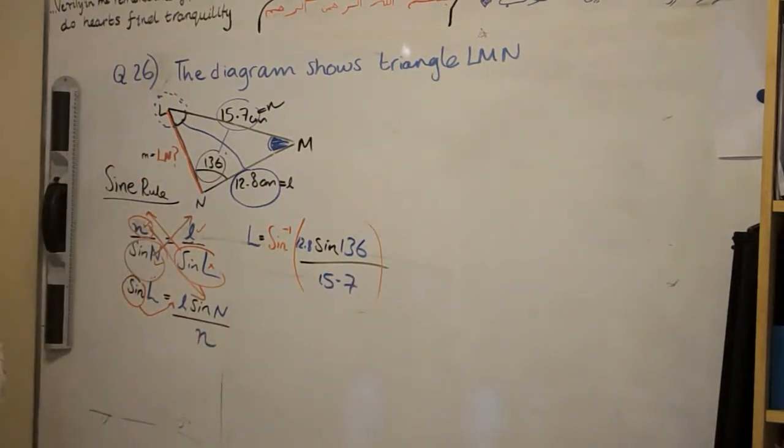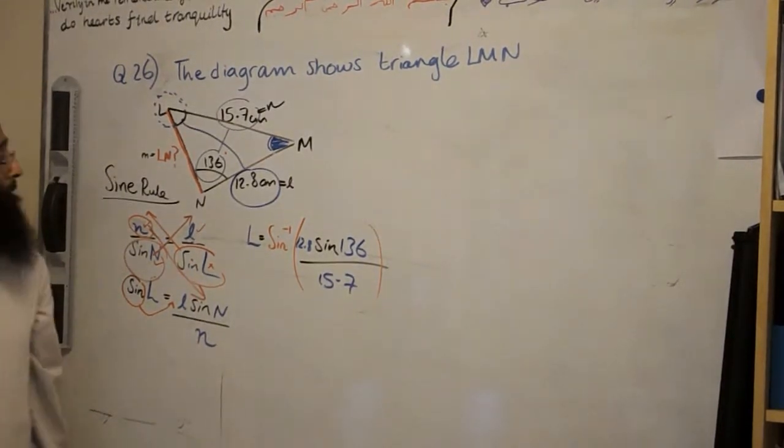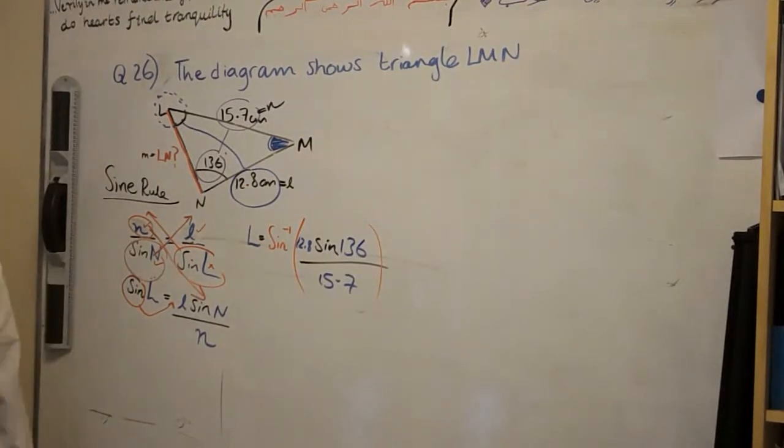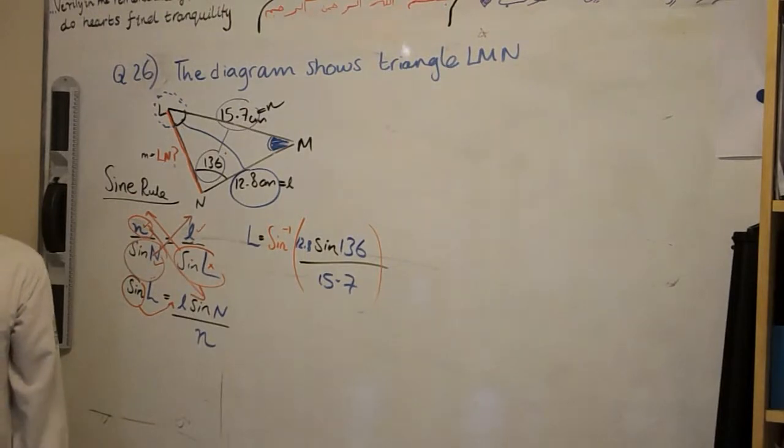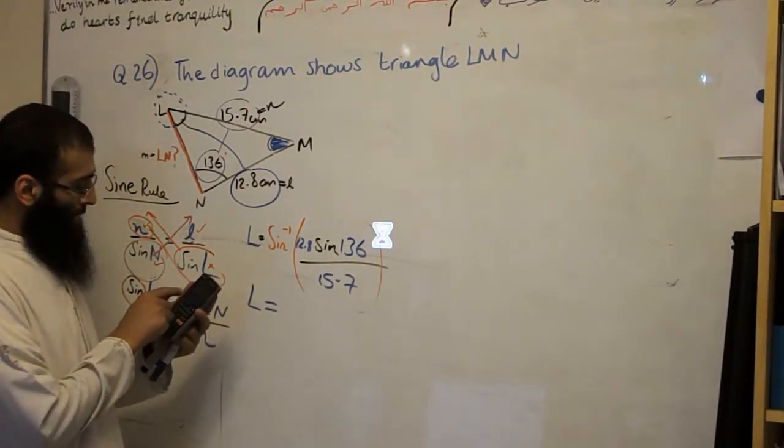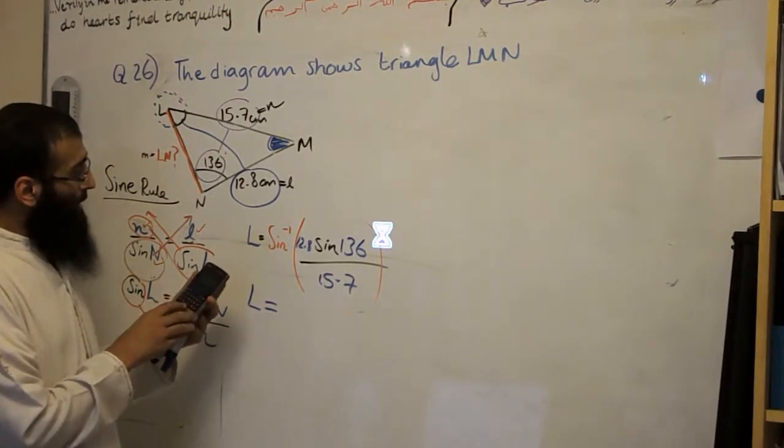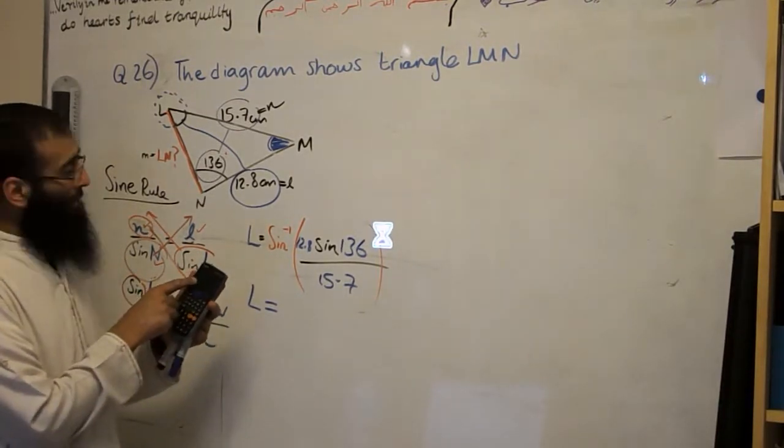Okay, calculate that, folks. So we do shift, sine to the minus 1, you get the bracket automatically for free.